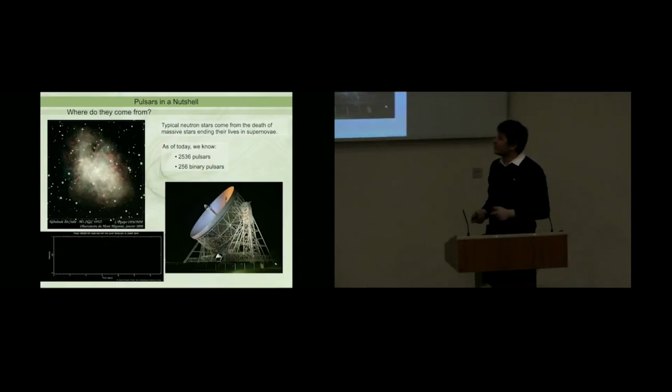We call it the Crab pulsar, because that nebula is commonly referred to as the Crab Nebula. That one was found in 1968, the blinking star, but the first pulsar was found a year earlier, in 1967. Jocelyn Bell was a graduate student back in the day at Cambridge and was the one who discovered the first of these pulsars.